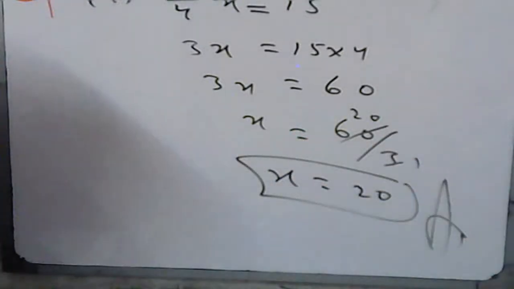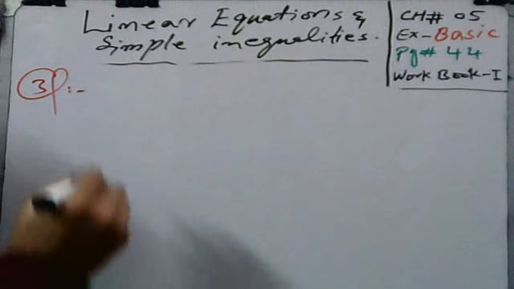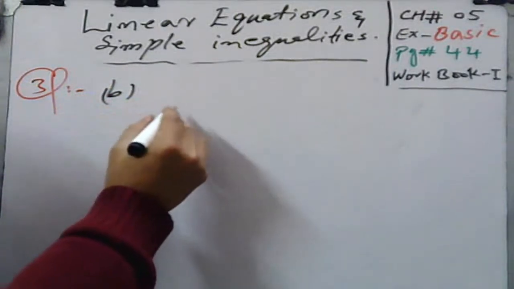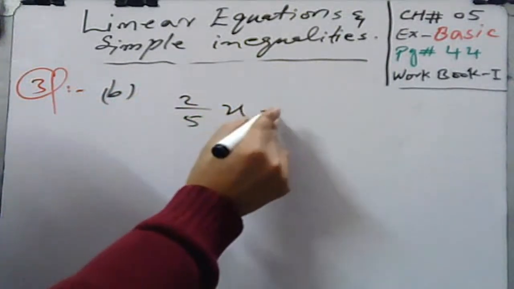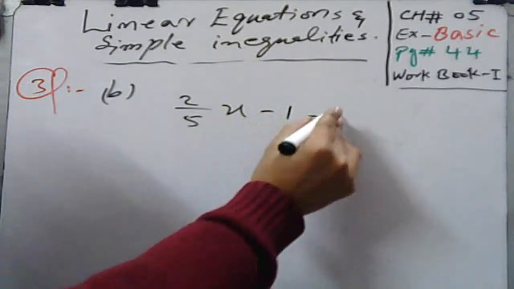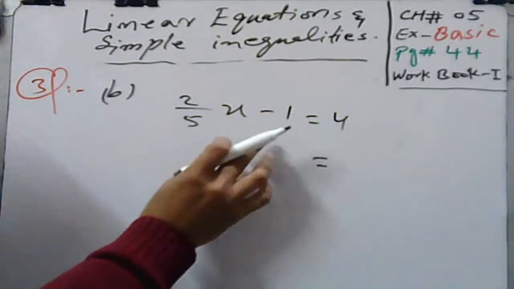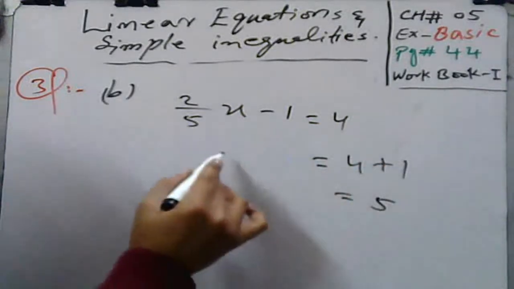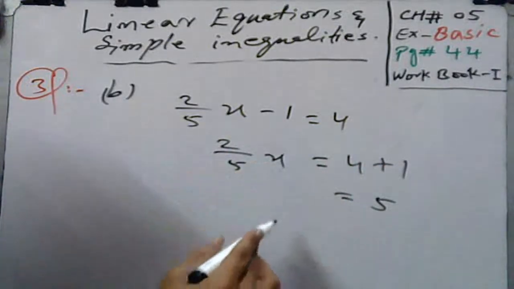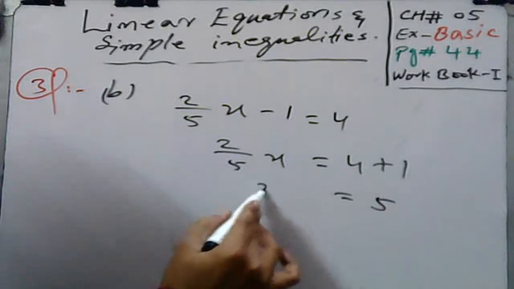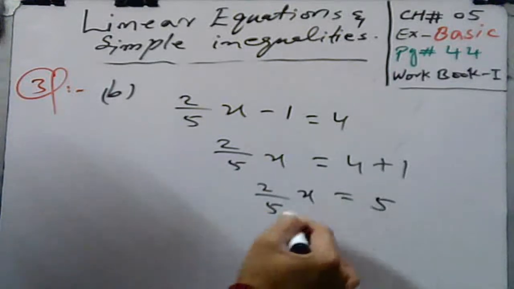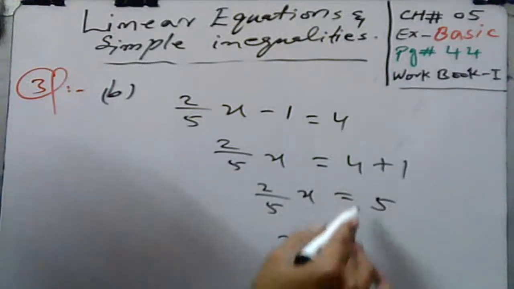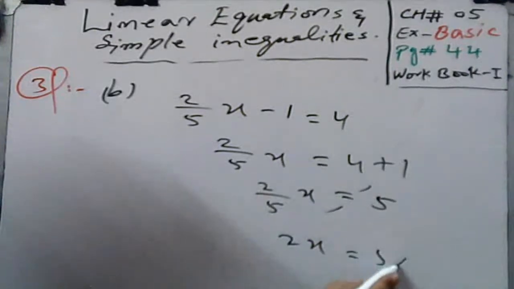Now in B part, 2 by 5x minus 1 is equal to 4. So first of all, the addition and subtraction should be removed. It should be here like this, 2 by 5x. Once again, by using cross multiplication, that is 5 multiplied by 5.